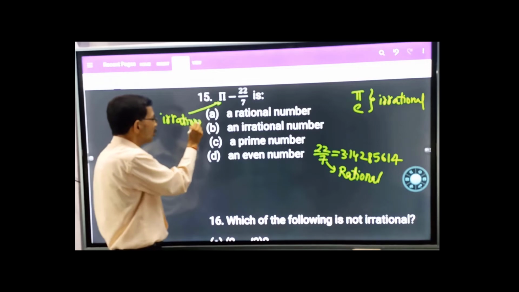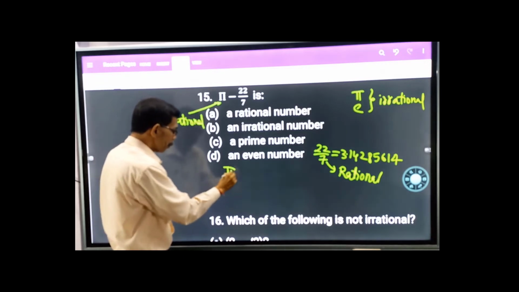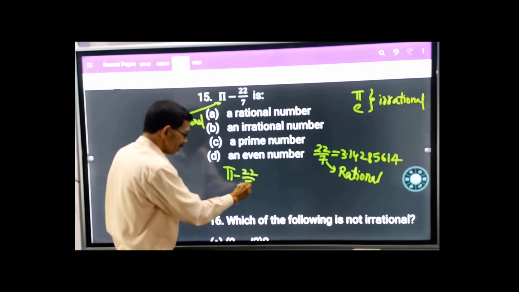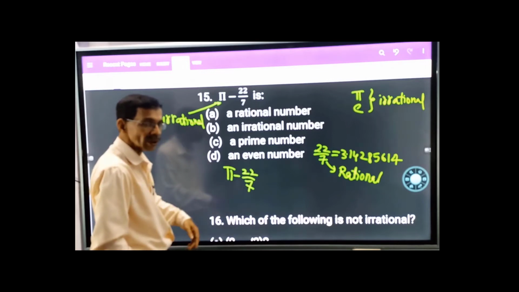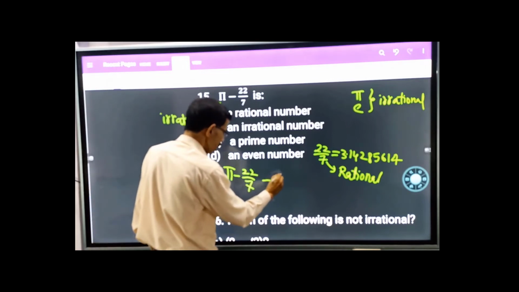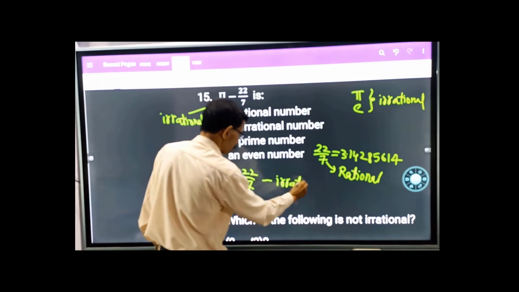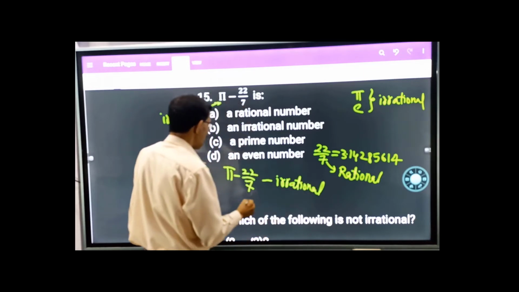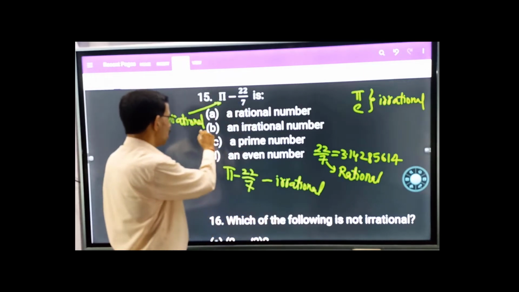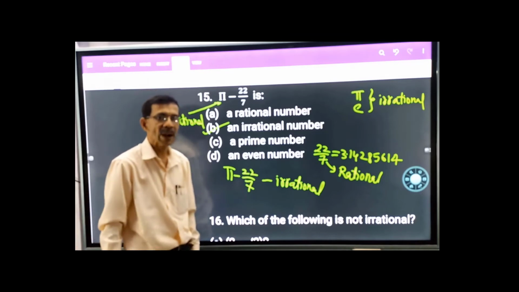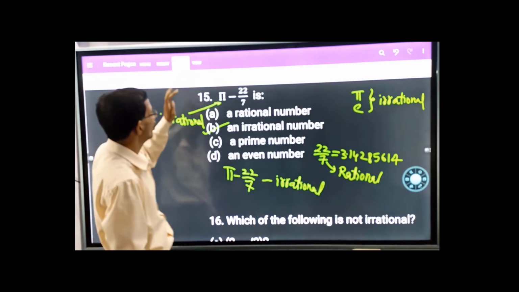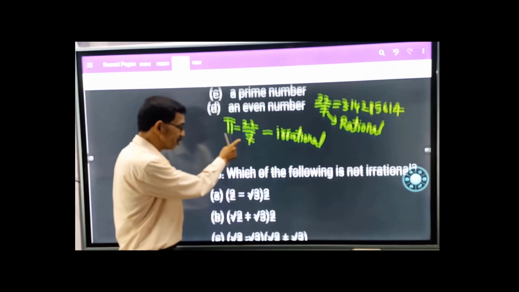And therefore pi minus 22 upon 7, overall the number is irrational. And therefore option B is the correct option. Let's go to the next question.